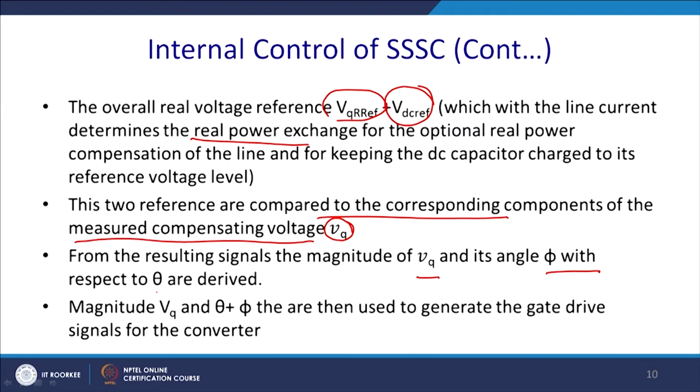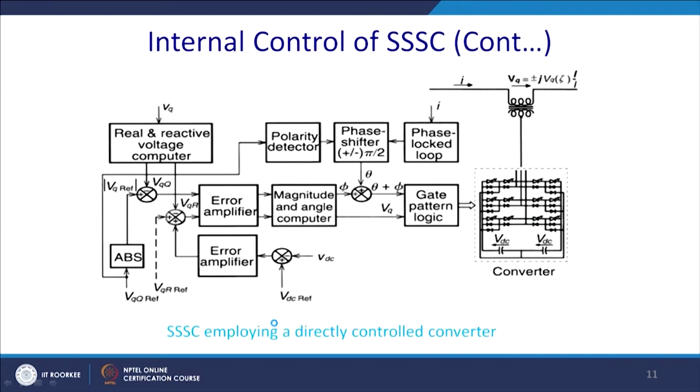The magnitude VQ and theta plus phi are then used to generate the gate driver signals to the converter. So, this is the internal control of a directly controlled circuit, and we have to have both phi plus theta and the VQ. So, you have to feed both of these to the gate pattern logic.